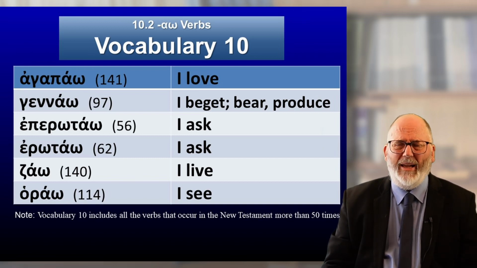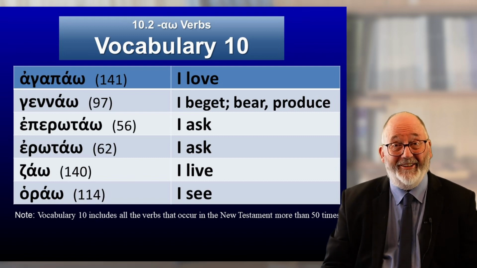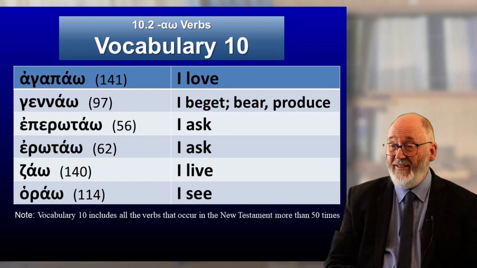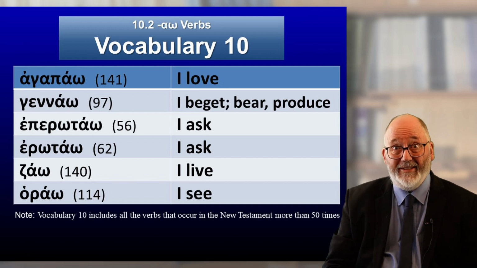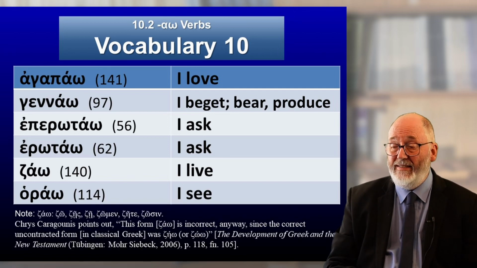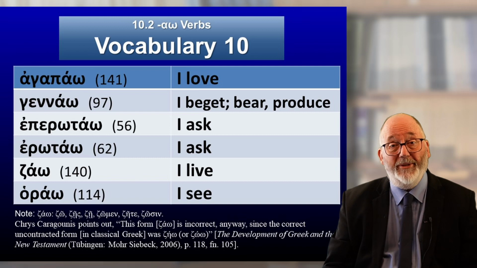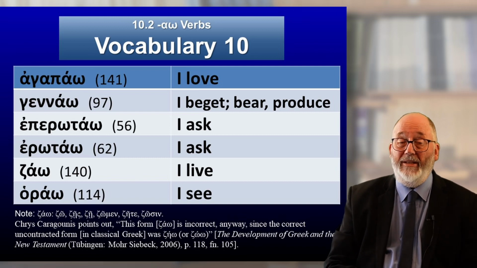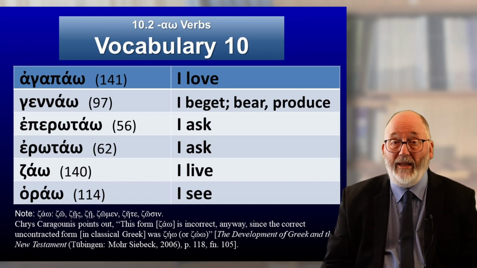If you remember a similar list for λαλέω verbs, you will recall that it was quite long. This is quite short, isn't it? 1, 2, 3, 4, 5, 6. And even there, one of them may not even be long. That is ζάω.